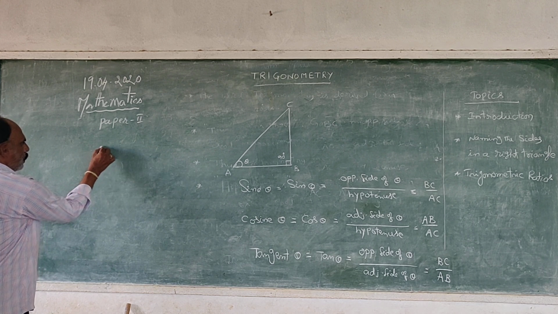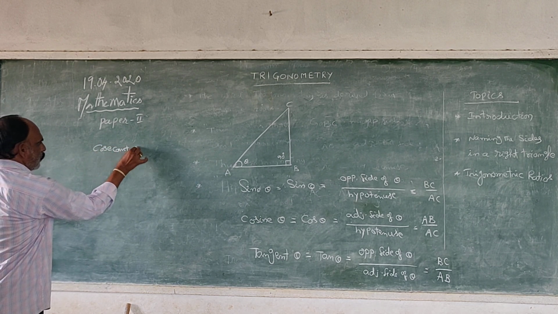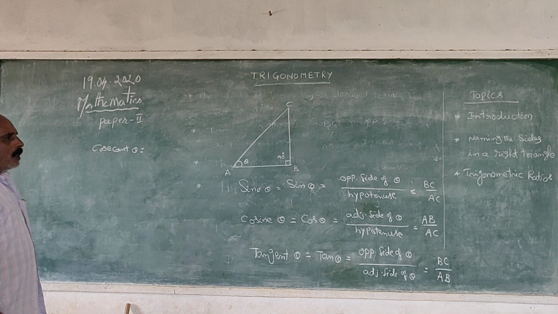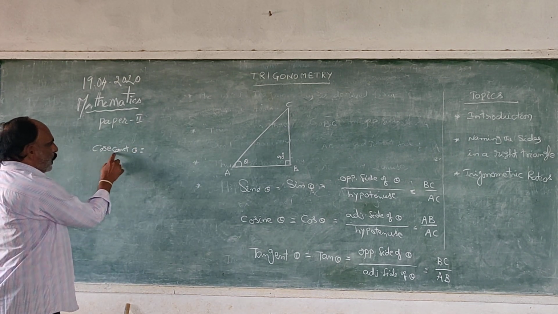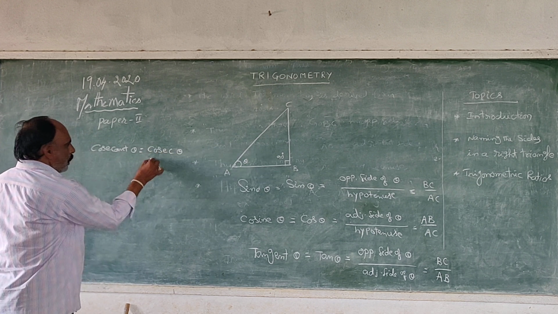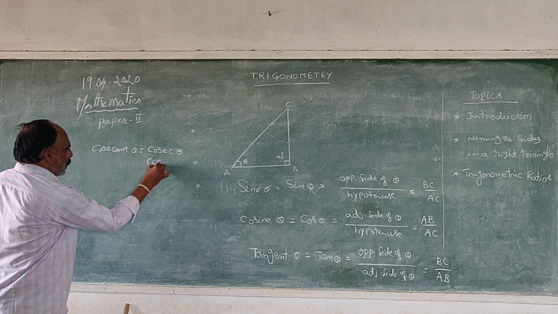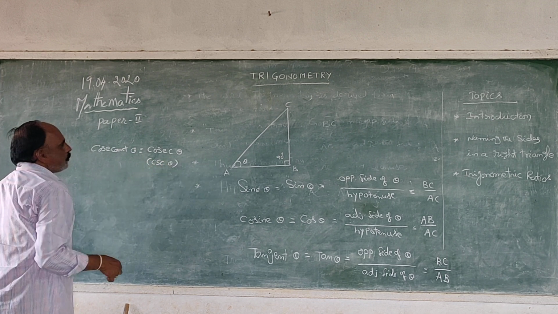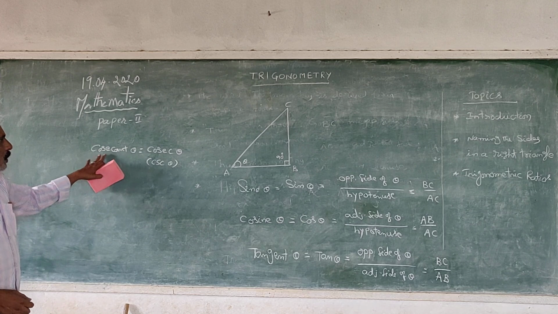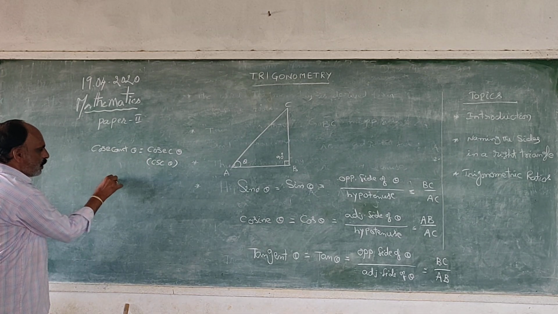And fourth one, cosecant theta, is briefly written with the first five letters, cosec theta, or by jumbling letters, CSC theta. Cosec theta is the multiple inverse of sin theta.